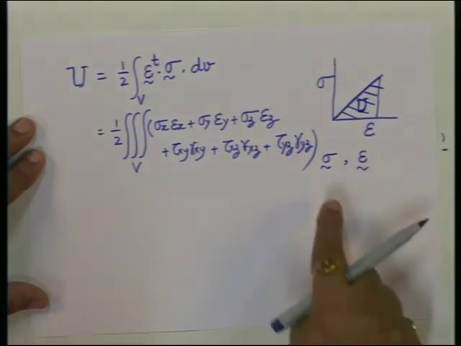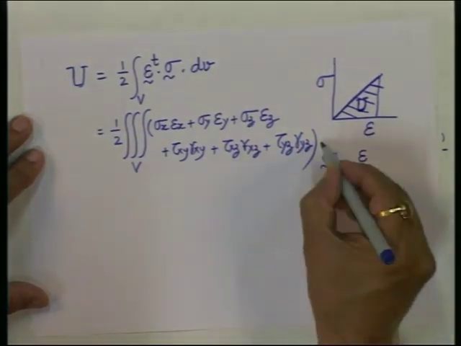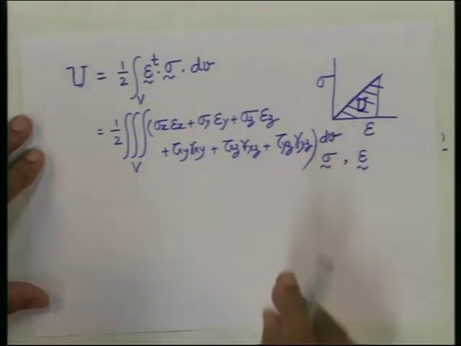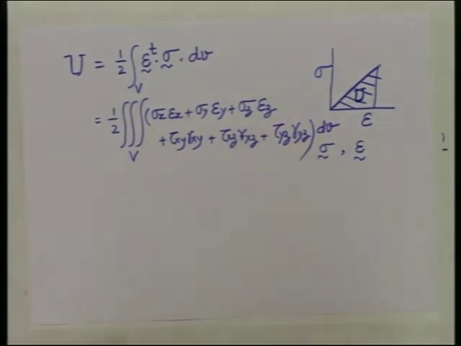All the 6 components, because this is a vector times dV. So, this is the expression for strain energy.